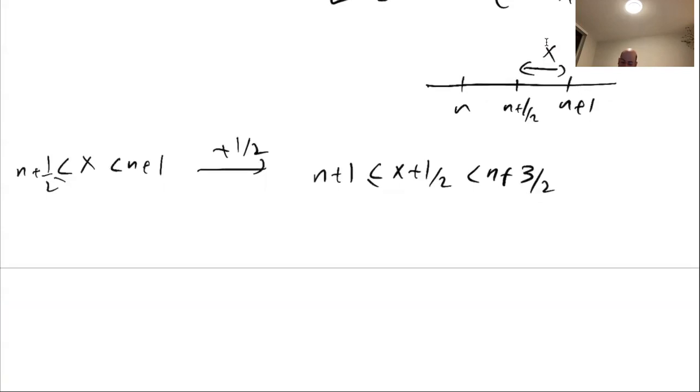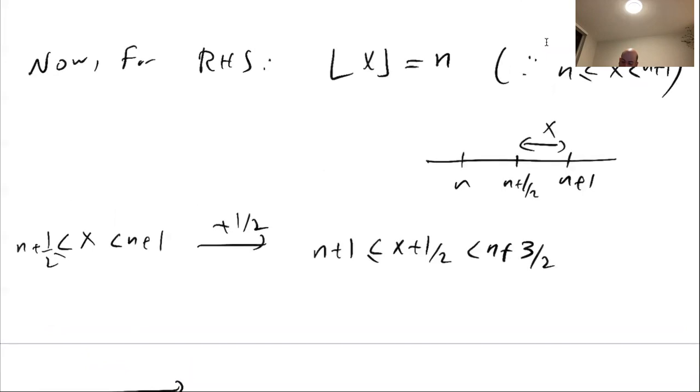So floor of x plus 1/2 will be how much? x plus 1/2 will be between n plus 1 and n plus 3/2. So less than n plus 2 basically, right? Because where is n plus 3/2? n plus 3/2 would be somewhere here, which is less than n plus 2.